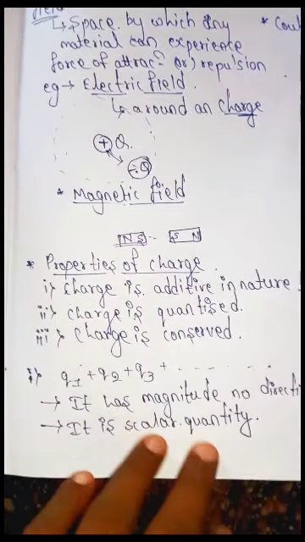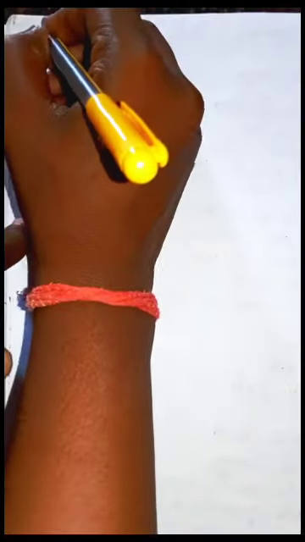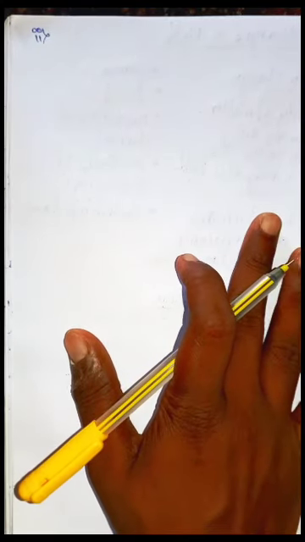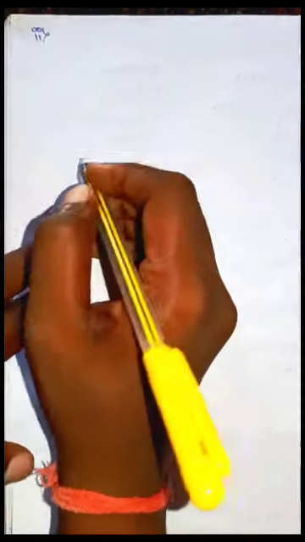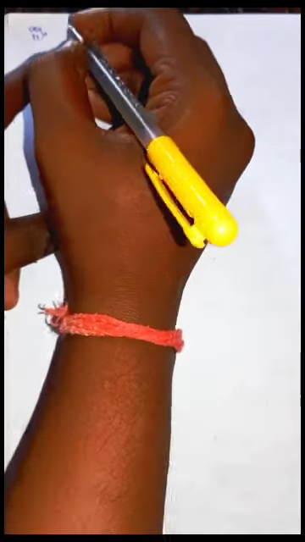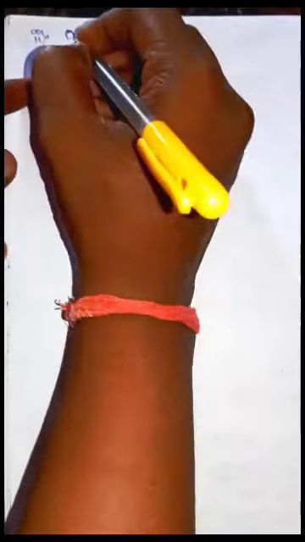Next we will be understanding that charge is quantized. Charge is quantized means if a body contains some charge, it will contain only whole numbers, like zero charge means it is neutral.